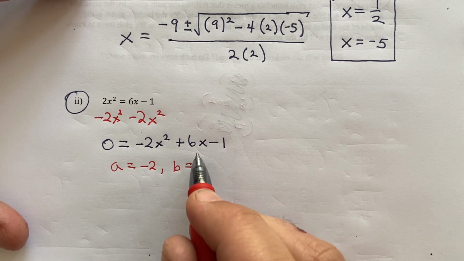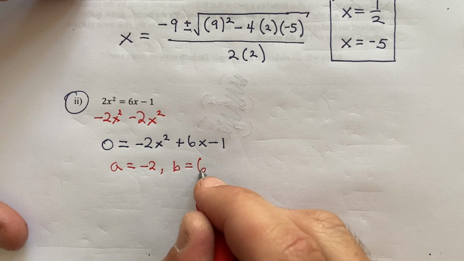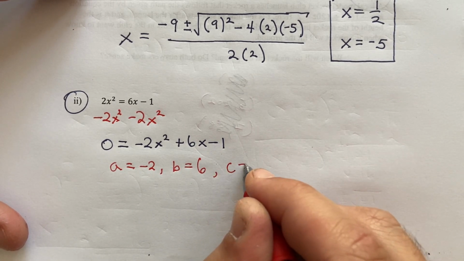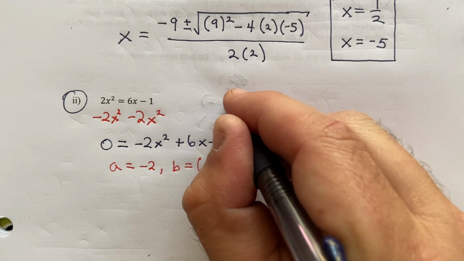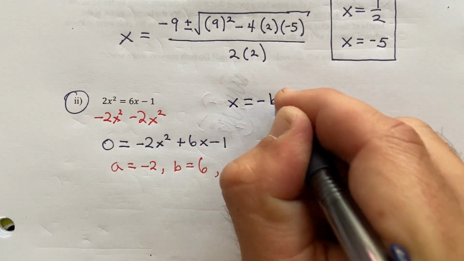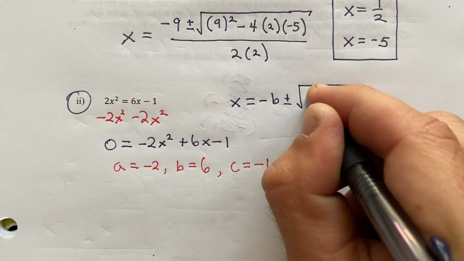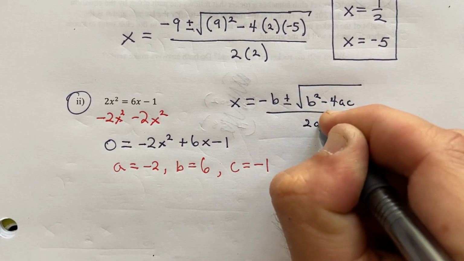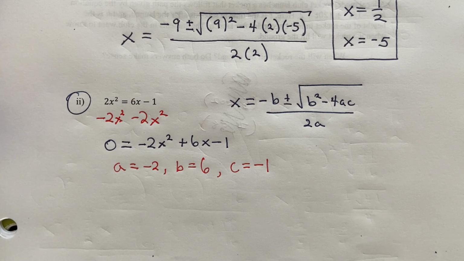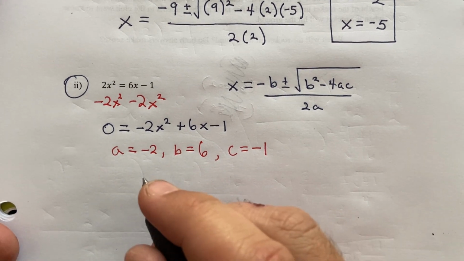B is always attached to the linear term, so that'll be 6. And C is this pure number, negative 1. So the formula says x will be opposite of b plus and minus the square root of b squared minus 4ac all over 2a. So that's the formula I'm going to use.